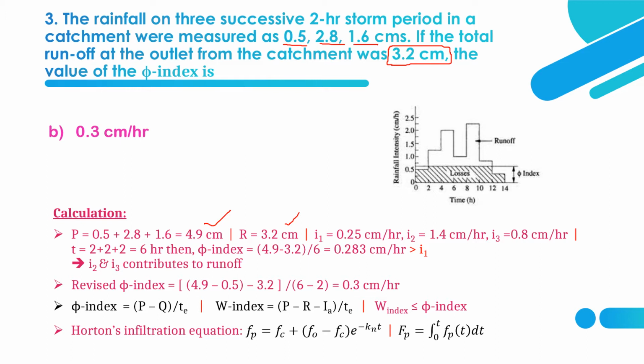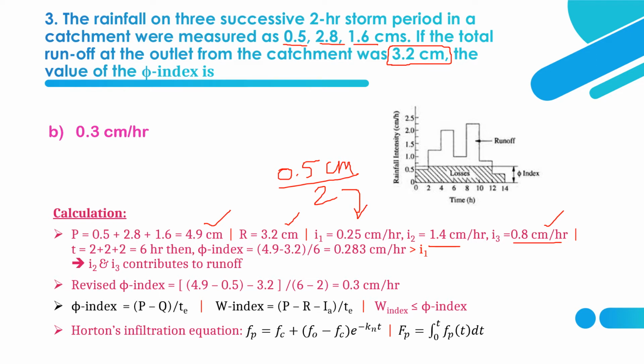So I1 is 0.25 centimeter per hour. How? 0.5 centimeter in the first 2-hour interval, divided by 2 gives 0.25 centimeter per hour. Similarly, 2.8 divided by 2 is 1.4 centimeter per hour, and 1.6 divided by 2 is 0.8 centimeter per hour.